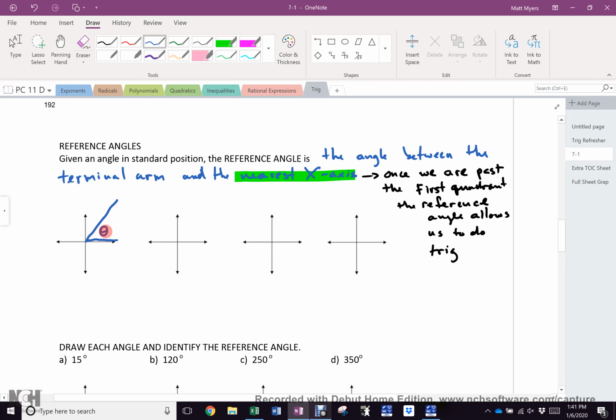That's the angle. What's the reference angle? The reference angle I will do in light green because I highlighted it in green. It's from the closest x-axis, so it's right there, yes? So you will notice in quadrant 1, theta is the reference angle. Everybody cool?